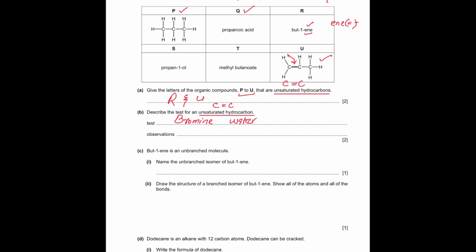We have to add bromine water to the solution of unsaturated hydrocarbon. The bromine water's original color is orange. Then it turns colorless after reacting with the unsaturated hydrocarbon.